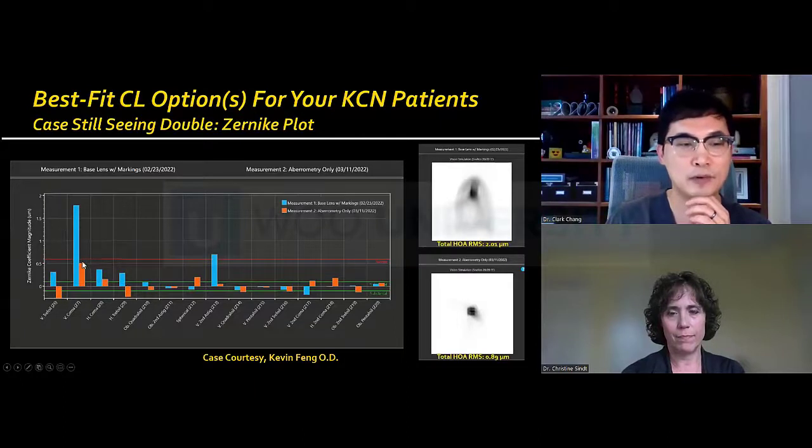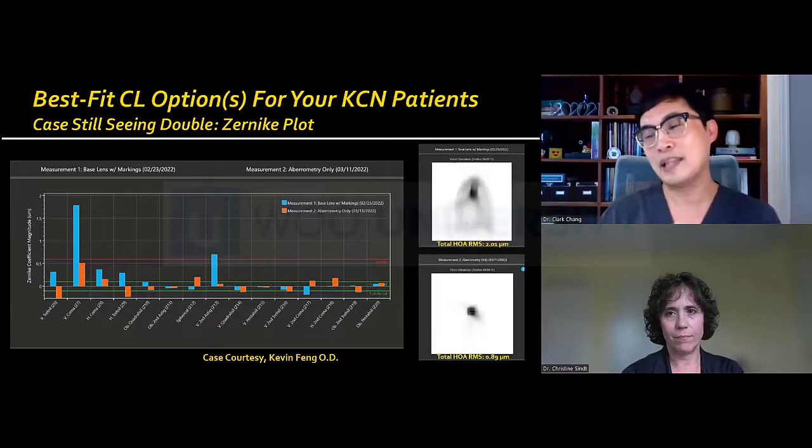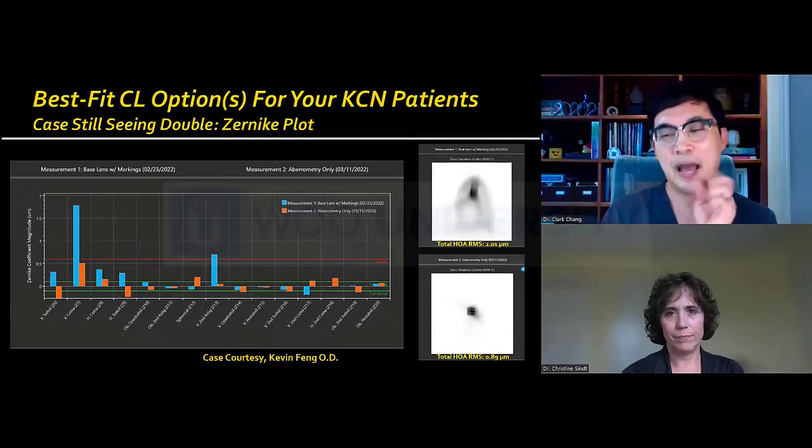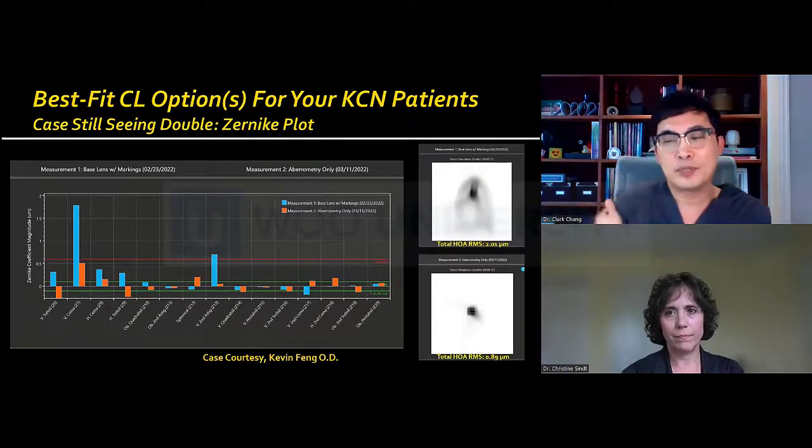I may recommend seeing if we could correct a little further vertical coma if needed. But because the patient's happy, I really wouldn't recommend doing it again. But I do want to point out that is the reason why you're still seeing slight aberration that is more than ideal when you look at that point spread function or the visual simulation.